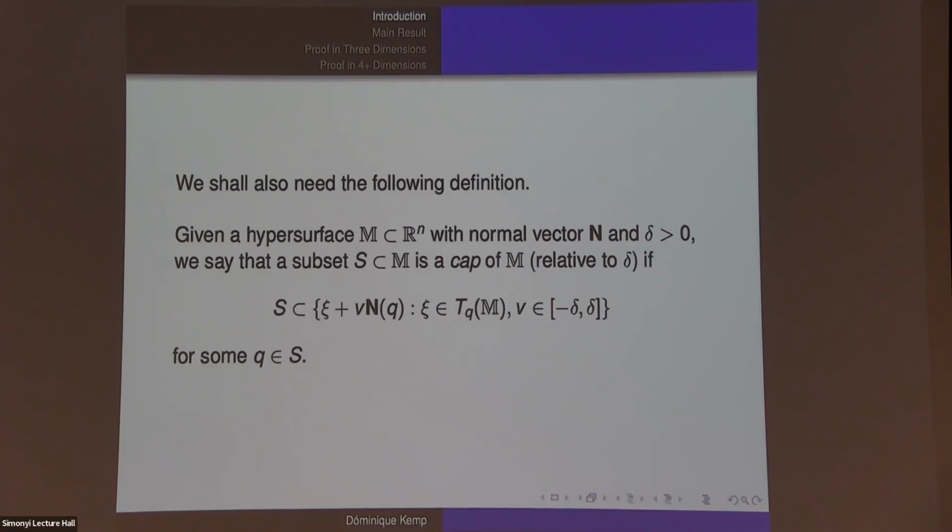And these caps are used as a means of obtaining estimates on the Fourier decay of measures supported on these hypersurfaces, which in turn was obtained by work of Brunner, Nagel, and Wainger. So we are keeping with tradition to some extent in using these caps.